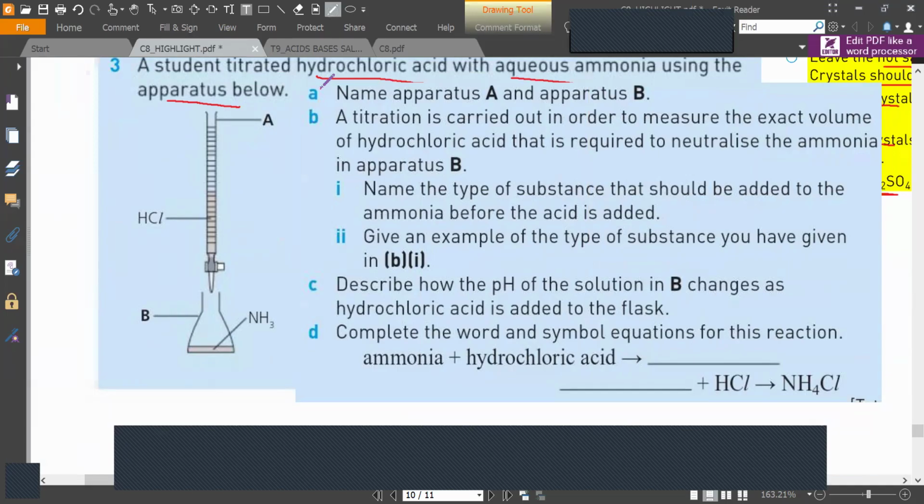Question A. Name apparatus A and apparatus B. Straightforward, right?